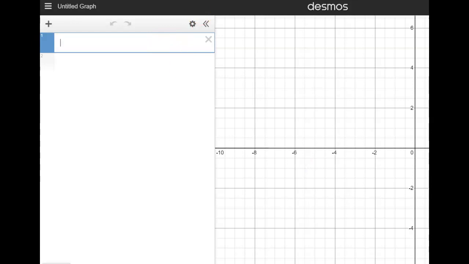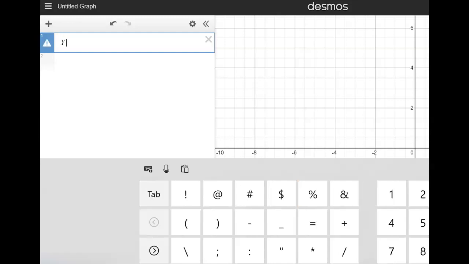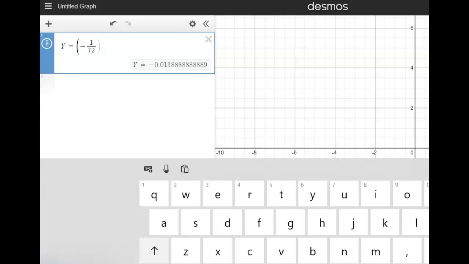y equals, and then I'm going to enter my coefficient in a fraction. So it is -1 over 72. And then I'm going to use my right side arrow to get out of the parentheses. Then I'm going to enter the variable, which is x, and then I want to square it.